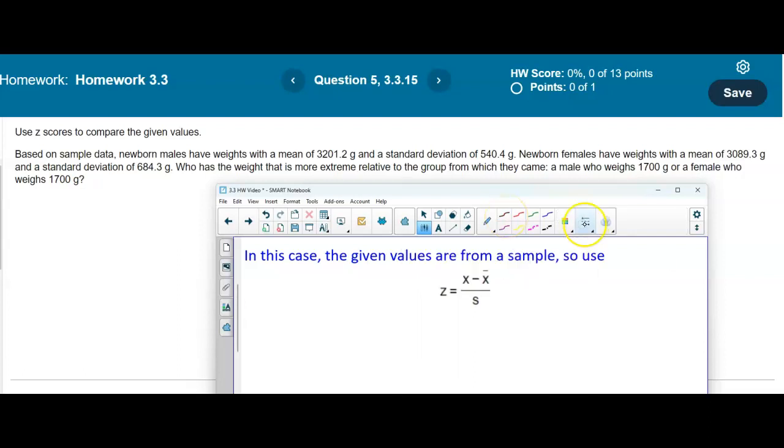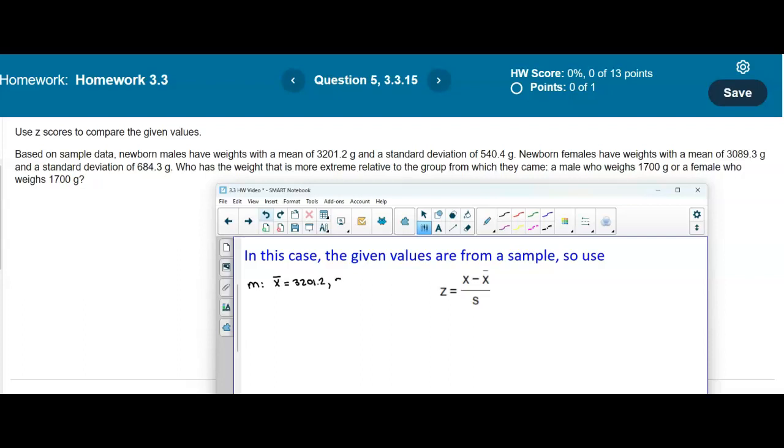So for the males, we know the following, and we're going to call this M. For the males, we have a mean. The sample mean for males is equal to 3,201.2 grams.